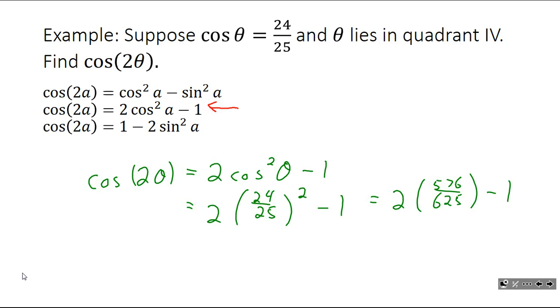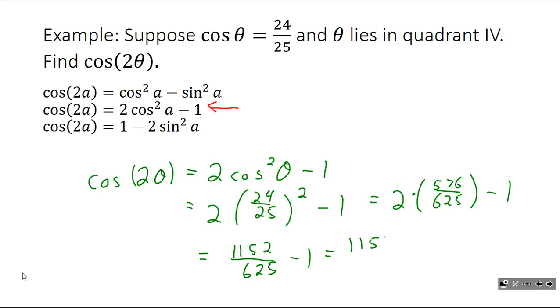That's minus 1. Well, if you next multiply 2, now it only goes to the numerator, 576, you will get 1152. Kind of messy looking, isn't it? There. 1152 over 625 minus 1.